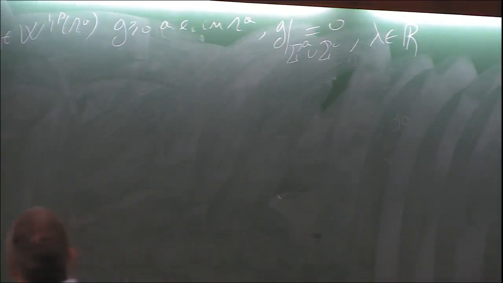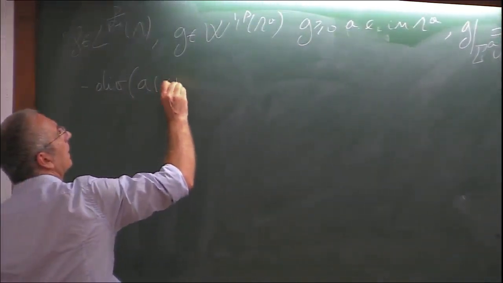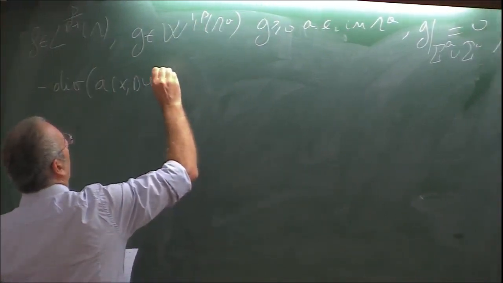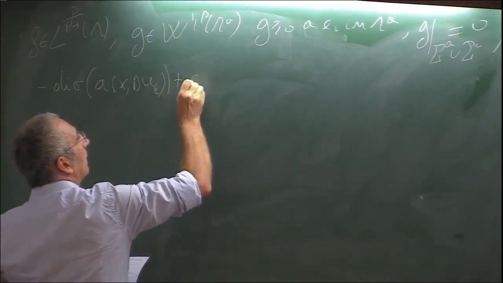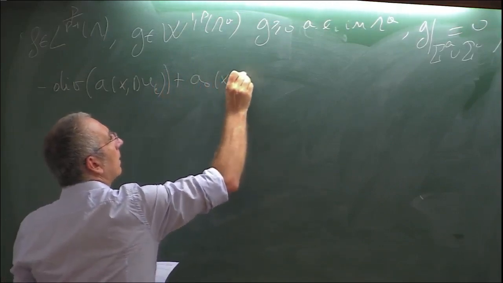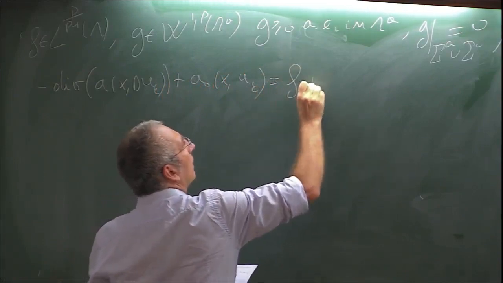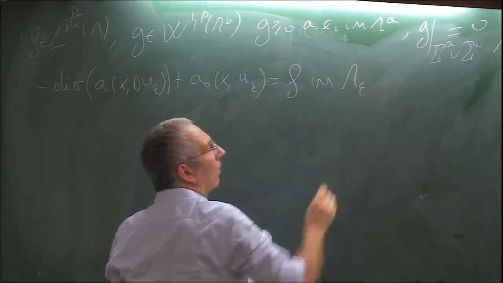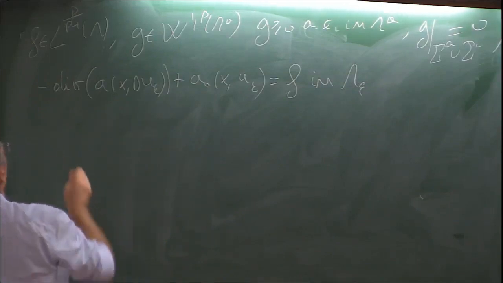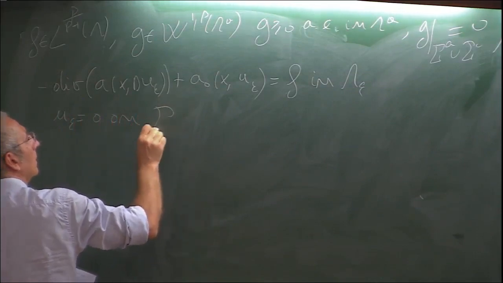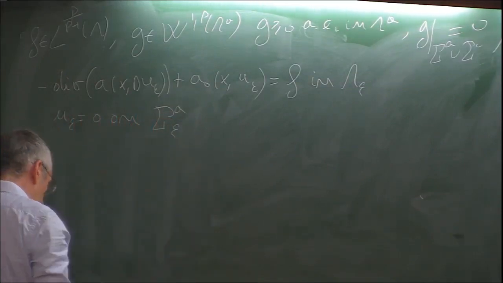We're going to study these problems. Minus divergence of A of x gradient of u epsilon plus H0 of (x, u epsilon) equal to f in omega epsilon. U epsilon equal 0 on sigma A epsilon.